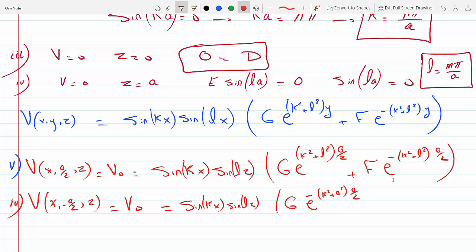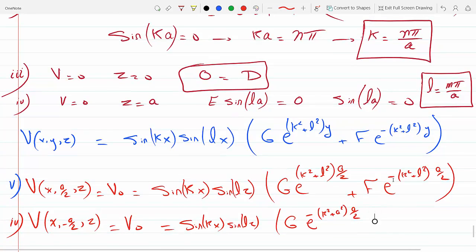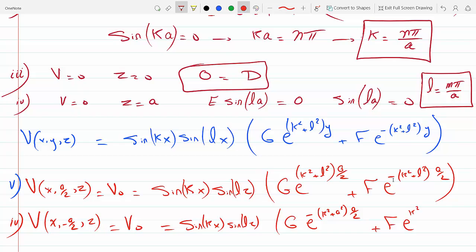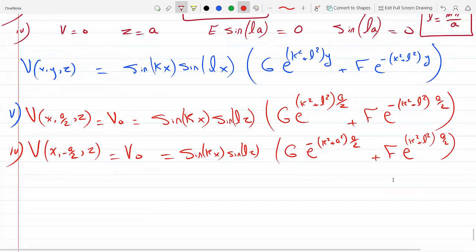Is it a over 2? Wait, where did I get the a over 2? Oh yeah, because it's a over 2. Plus F e to the square root of k squared plus l squared, and minus minus becomes plus a over 2. Okay, now you can see that these are the same.